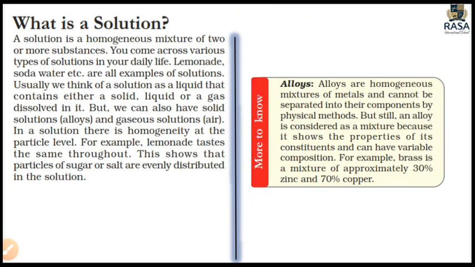For example, brass is a mixture of approximately 30% zinc and 70% copper.